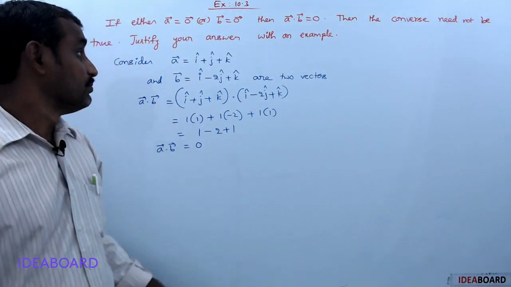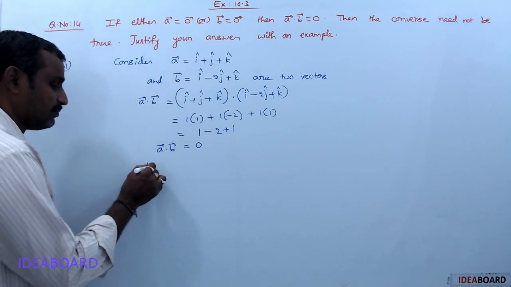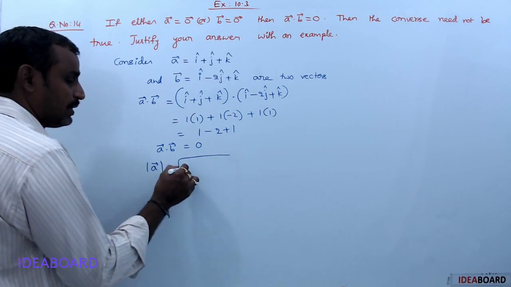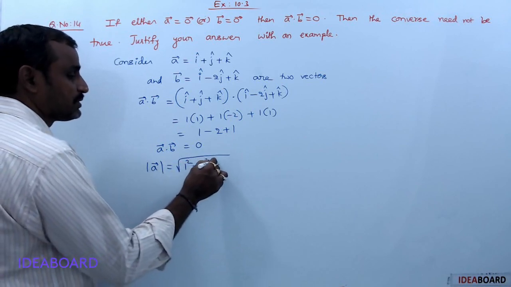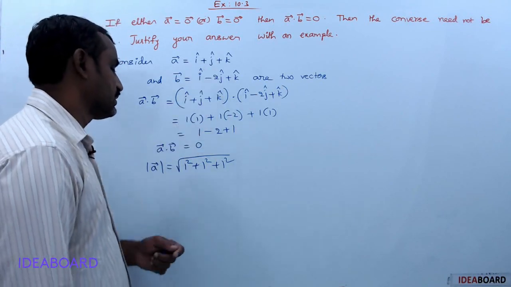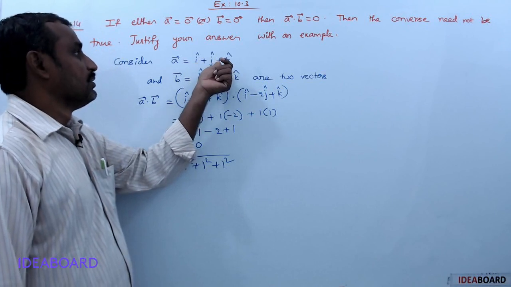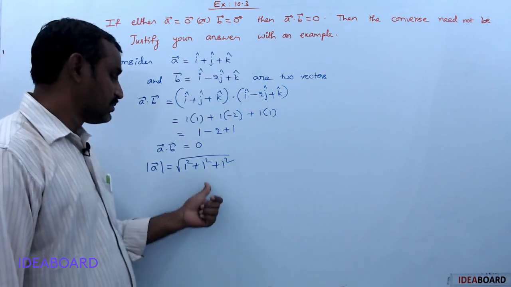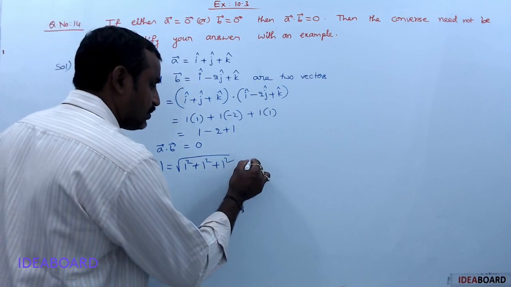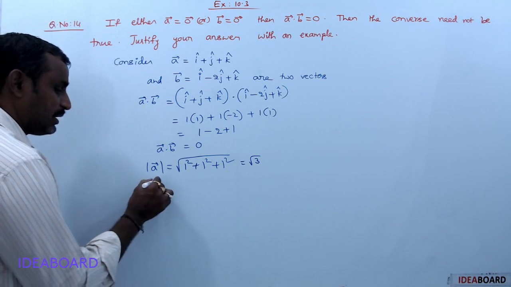So now you can find the magnitude of A bar. Magnitude of A bar is equal to under root 1 square plus 1 square plus 1 square. You know the formula, A1 square plus A2 square plus A3 square, where the scalar components are the I, J, K coefficients; those values you square and add. Simplify this, root 3. Next, magnitude of B bar you can calculate.